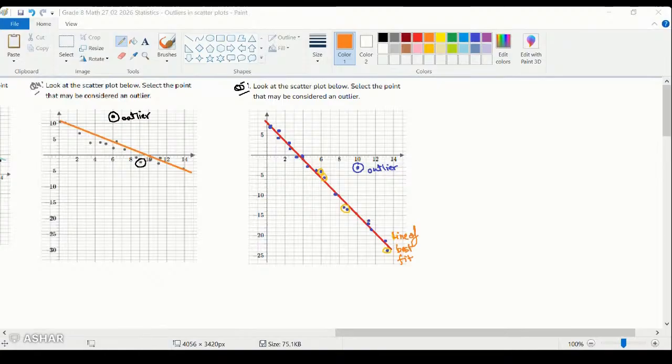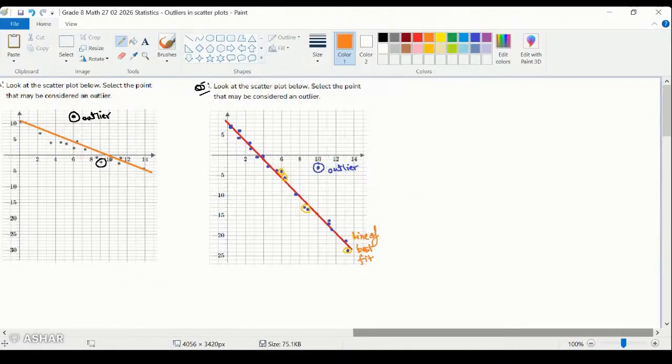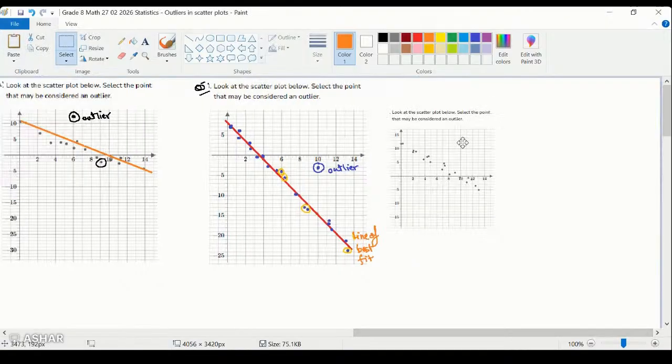For the next question, it says, for the scatter plot, find the outlier. Question number 6.